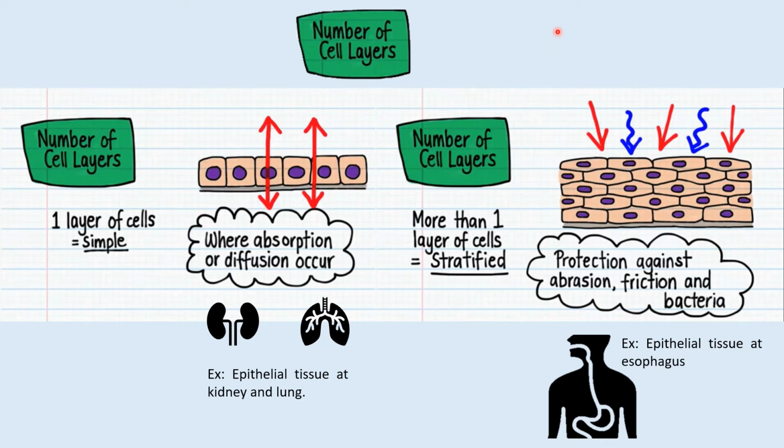For example, the one found at the esophagus, which lines the area for protection against abrasion, friction, and bacteria as we eat and as the food goes through the esophagus.